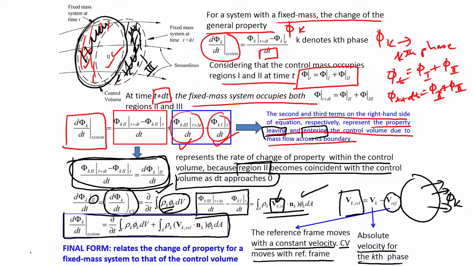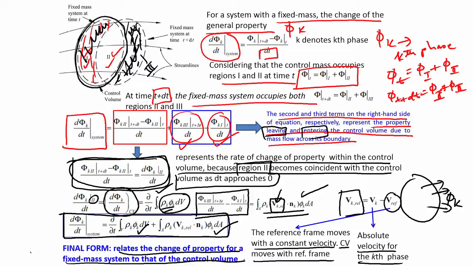So, if you combine these two terms, we find that the rate of change of that property in the system is given by the rate of change of that property within the volume, plus a flux term. The flux term transports whatever it is transporting across the control surface.